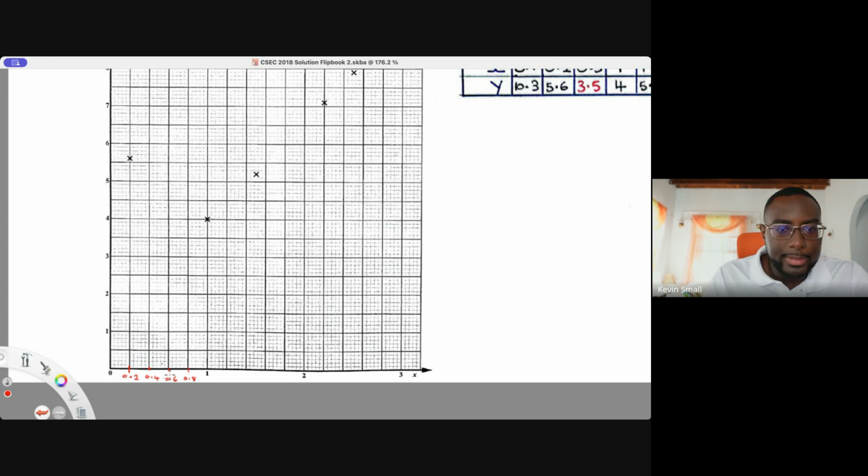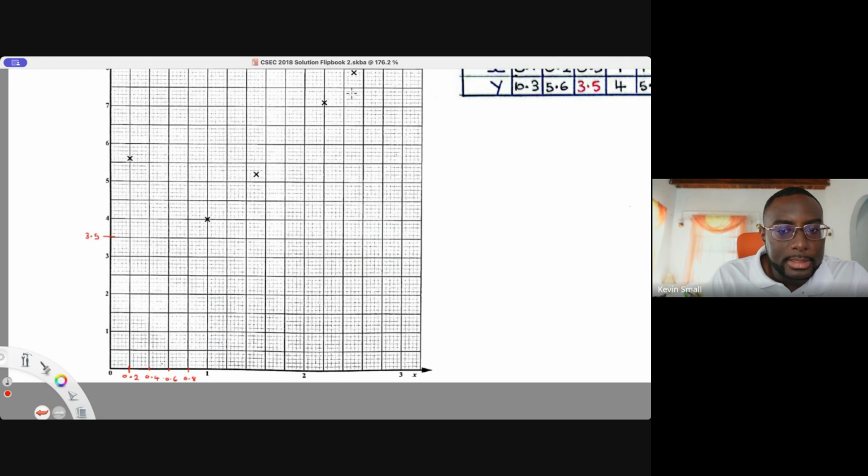Therefore, the halfway point between 0.4 and 0.6 is 0.5. All right, so the first coordinate was 0.5, coming up to 3.5. So this is 3.5.